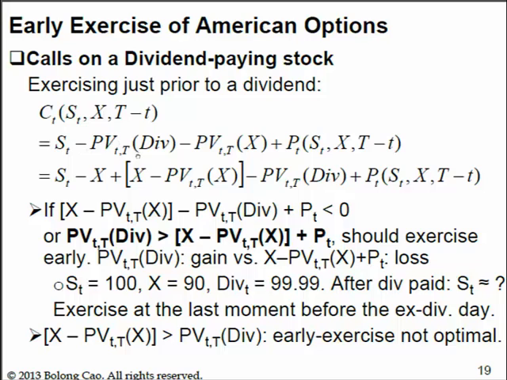For American options, the put call parity should hold as well. All right. We do the same trick, right? We put the exercise value here. And we have this time value of money for X. What we need to take out is the present value of the dividend plus this downside insurance from the American put.